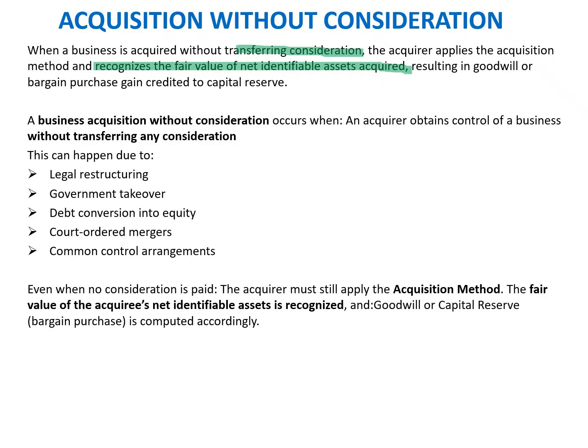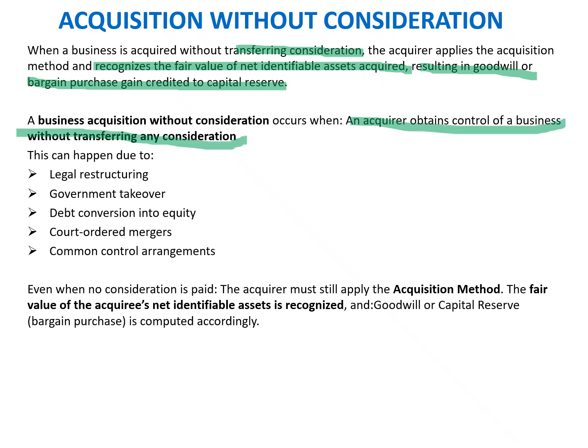The acquirer has to account for the assets and liabilities at the fair valuation date. And if there is no consideration, then the entire amount will go to my capital reserve, into my OCI, resulting in goodwill or the bargain purchase gain credited to the capital reserve. So business acquisition without consideration occurs when an acquirer obtains control of the business without transferring any consideration.